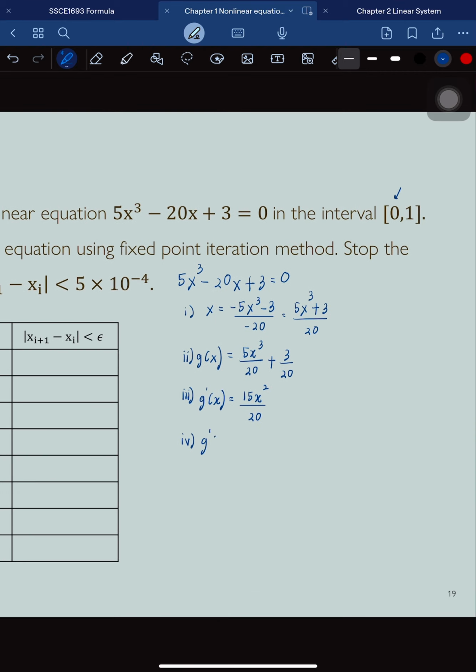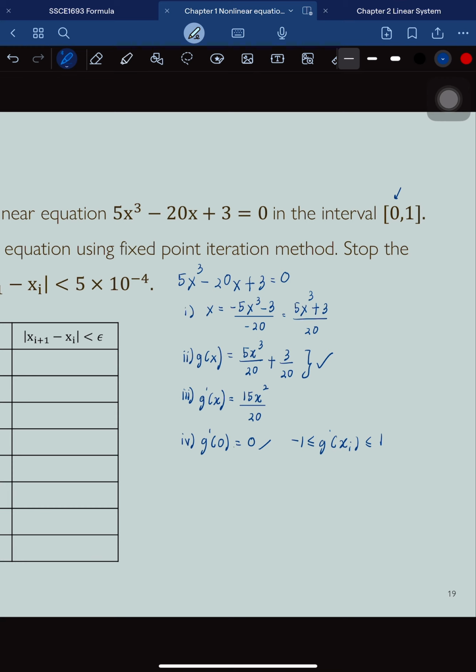So g prime of 0 is equal to 0. Because g prime of x naught is in the range negative 1 to 1, this g can be accepted.